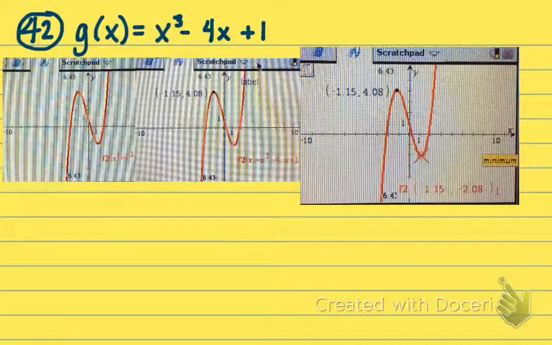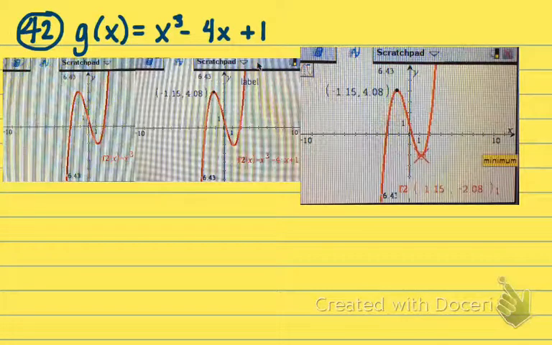All right, so the first picture doesn't really tell us much because we need specific x and y values. Then in the next picture in the middle, I used the features on my calculator to locate the first point, which is a local maximum.